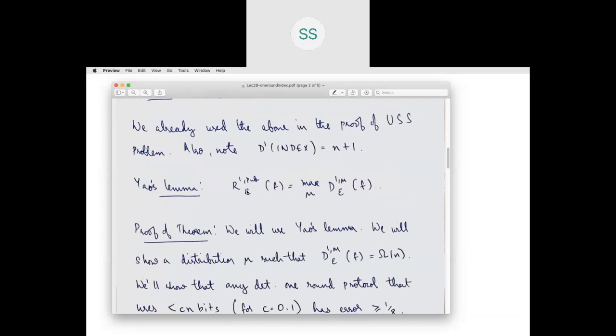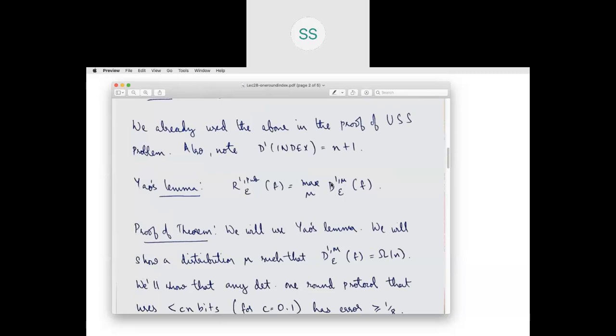And what are we going to use to prove this? We are going to use Yao's lemma, a variant of which we had seen. So we had seen that the randomized complexity with public randomness is equal to the max amongst the distributional complexities, where the max is taken over all the possible distributions. Now it's the same thing, except that both in the left hand side and the right hand side, we have the one round variants of the complexity.